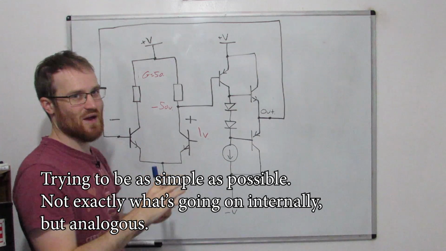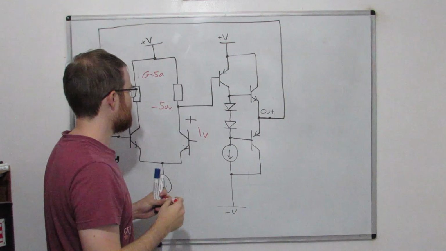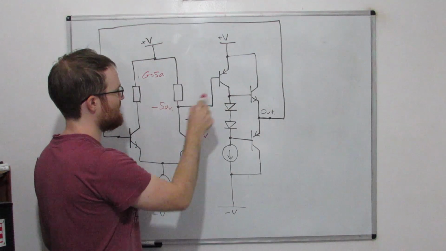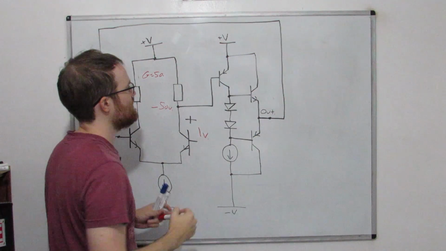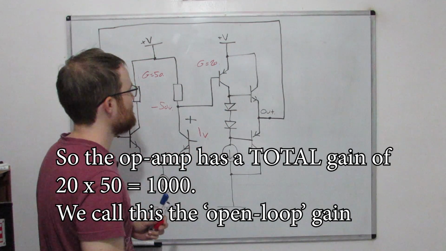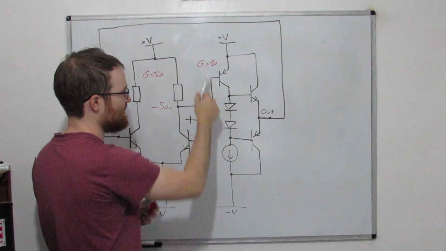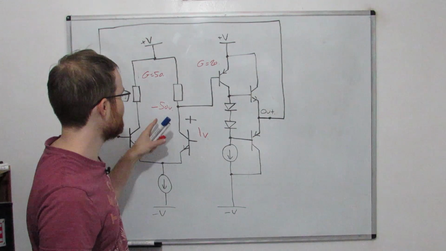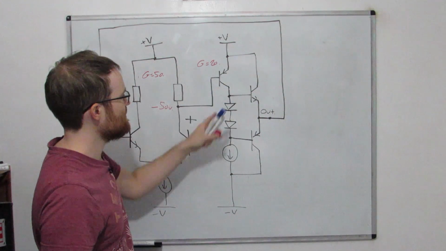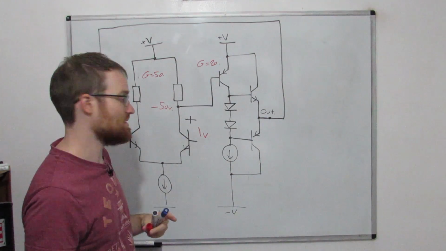Okay, let's forget about the power supply and all that for a second. This now gets passed into this gain stage, which also has a gain. Let's give this a gain of 20, a nice round number. Because this is a common emitter amplifier, we know that the collector here is going to be out of phase with the base. So minus 50 times 20, inverted here, so it's times minus 20 really, is going to give us 1000 at the output.